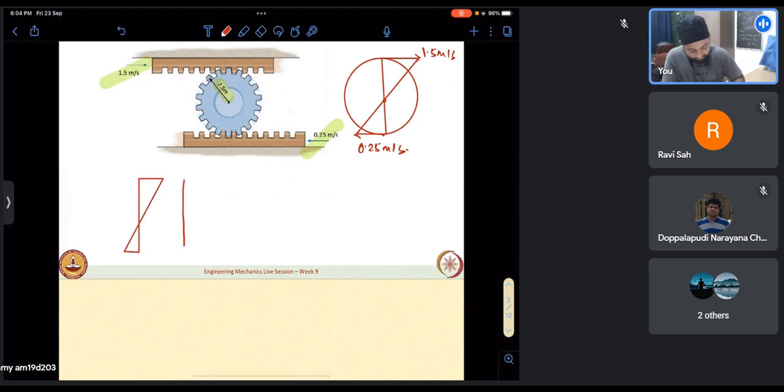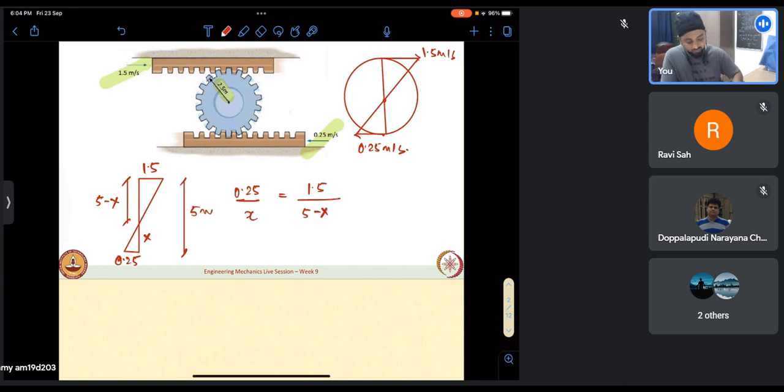Do we know this distance? This is nothing but twice the radius, which is 5 meters. If we take this to be x, then this distance will be 5 minus x. The rest is straightforward: 0.25, and we have 1.5. By similar triangles, we can write 0.25 by x is 1.5 by 5 minus x.